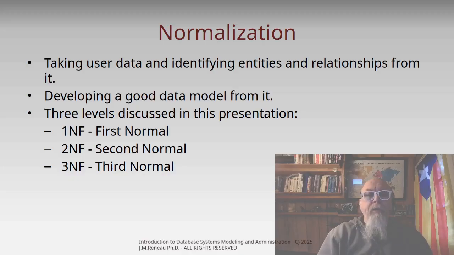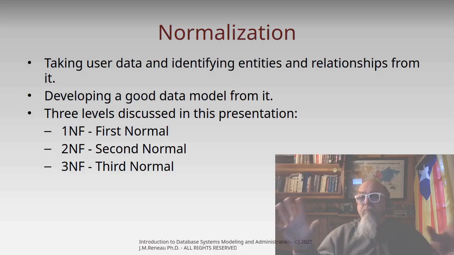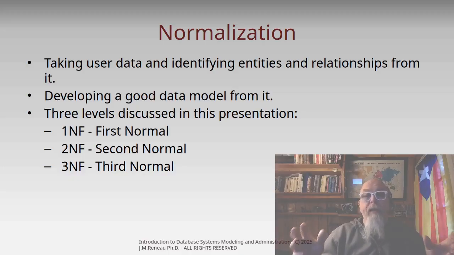The whole purpose of normalization is to take that big glop of data and try to figure out a good model that describes it that's going to work for the long term.